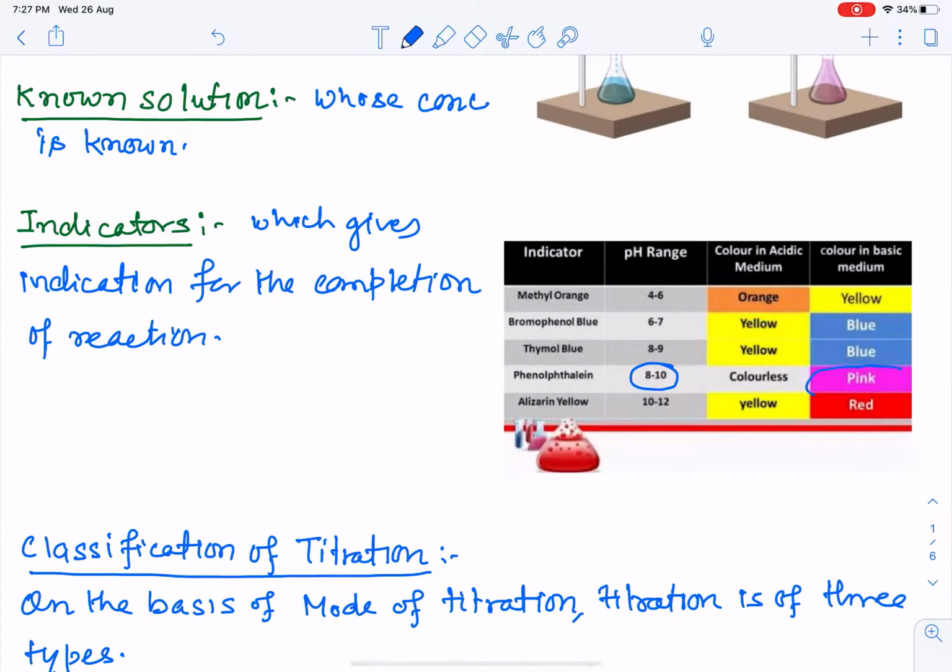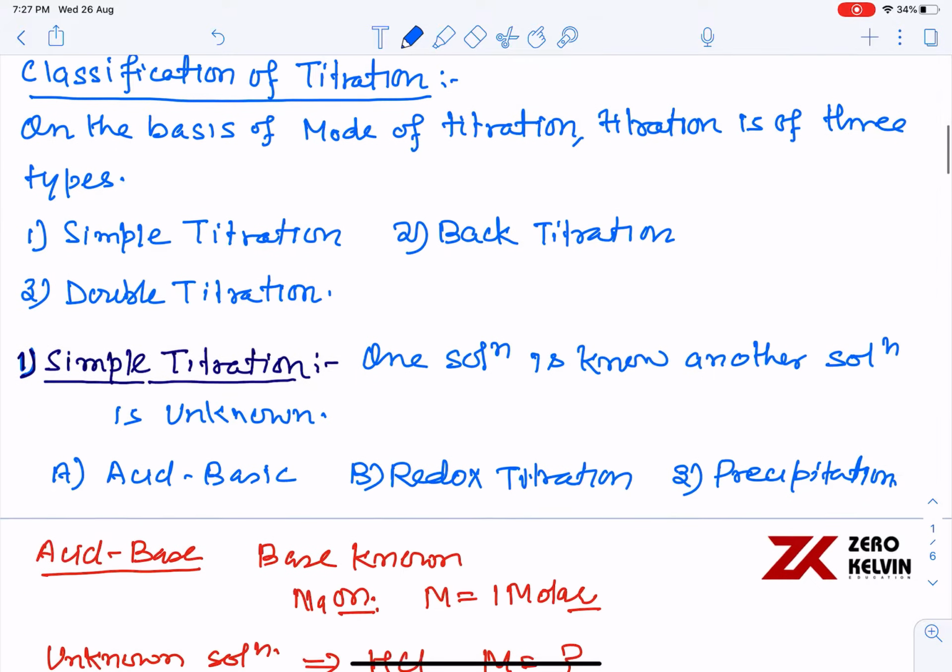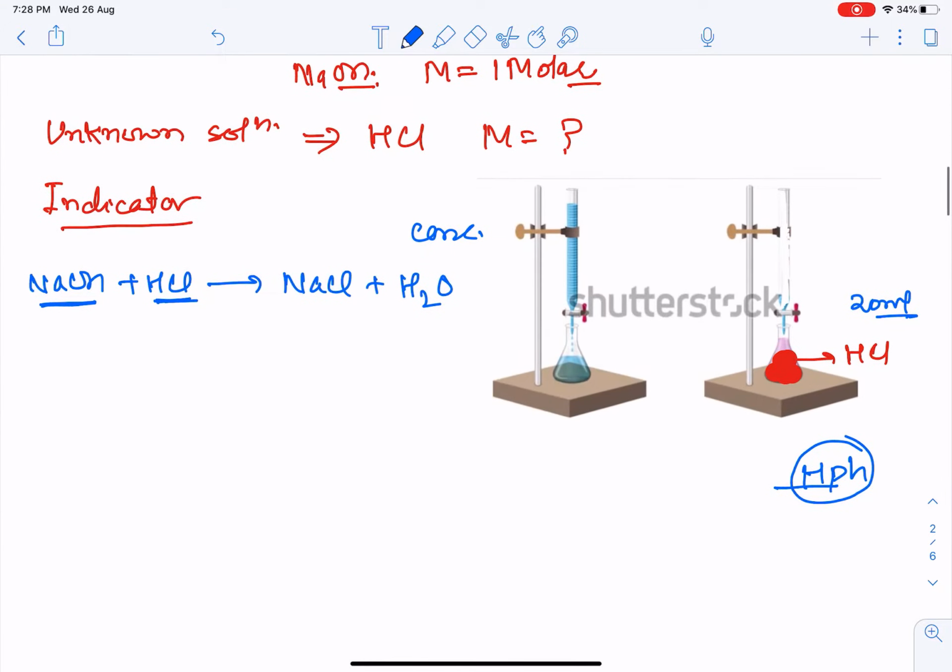Light pink. Always remember, we should get the light pink color. If you are getting a relatively dark pink color, that means you have added an extra amount of NaOH, and the reading value will be wrong. That is why you have to add NaOH drop by drop.